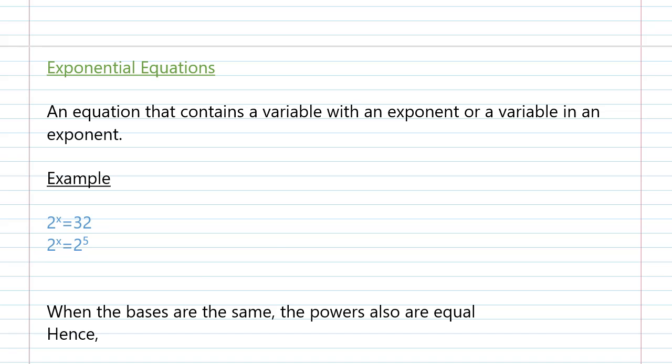When the bases are the same, the powers also are equal. 32 is the same as 2 to the power of 5, so x equals 5. If the bases are equal, the exponents have to be equal.